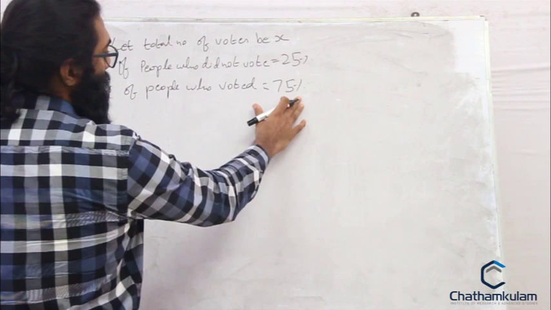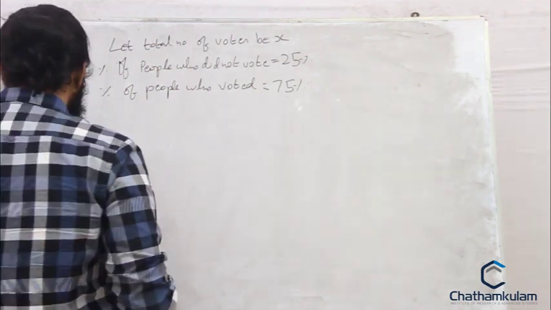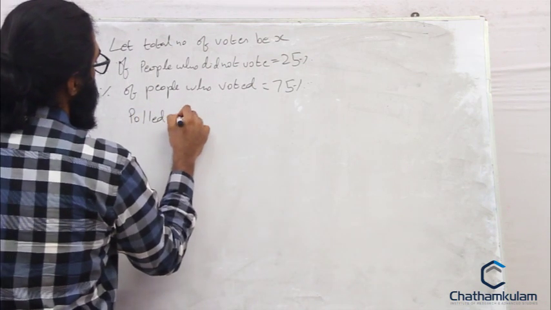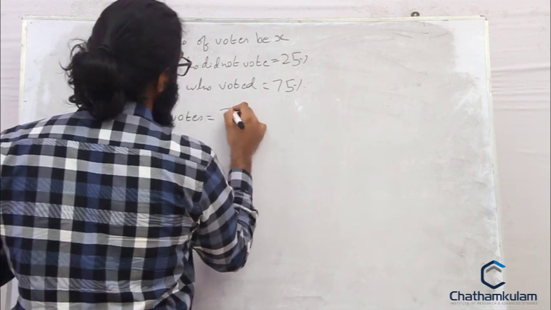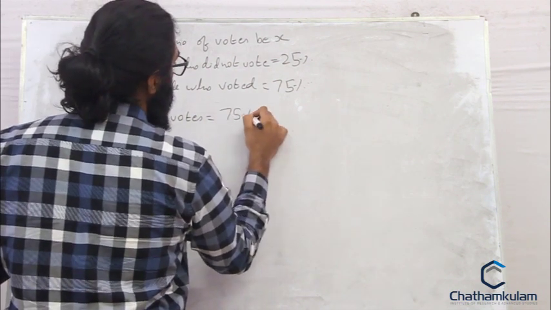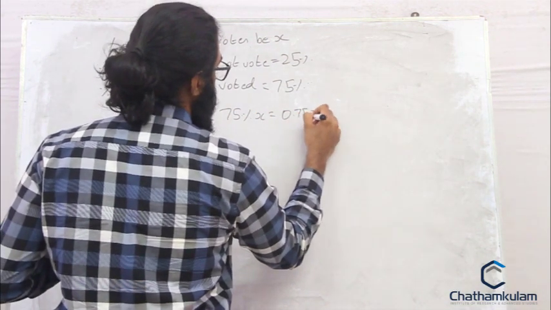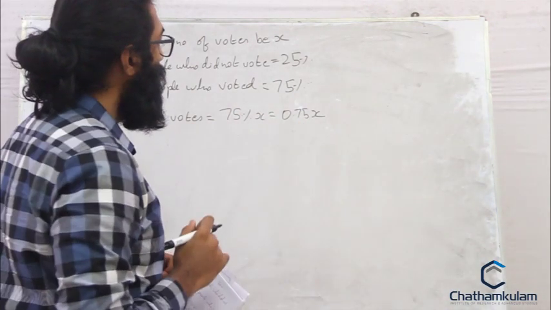This is the percentage of the total population that voted. So the number of polled votes is 75% of x, that is equal to 0.75x. This is the total number of people who have voted.